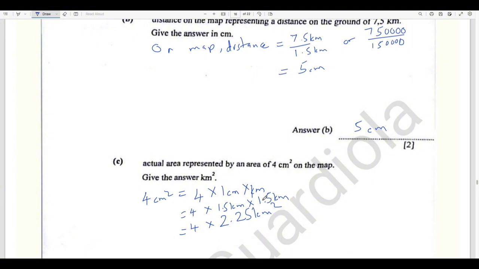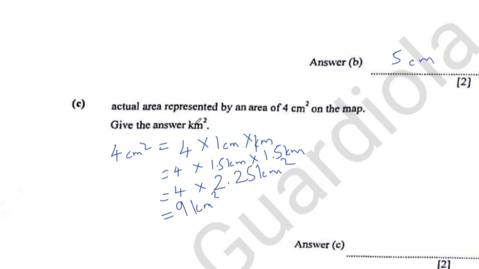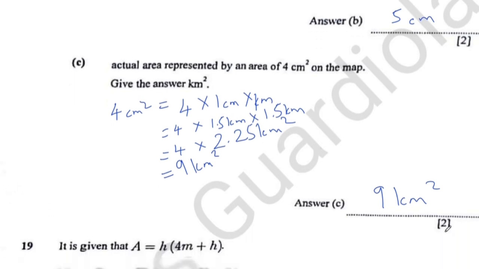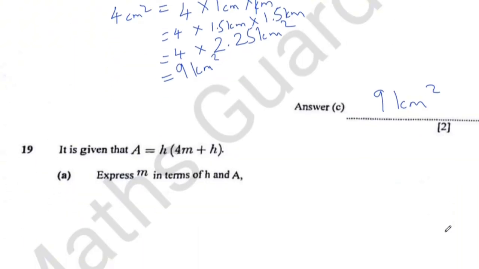Because you are multiplying the length, then multiplying by the width as well. This is why I expressed my number like this, so that next time when you are working with area problems which involve scale, you just need to square the scale factor, then multiply by the number you are using. All right, let's write the correct answer in the given space. That's 9 square kilometers.